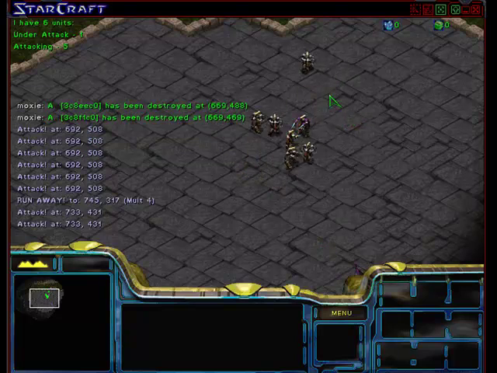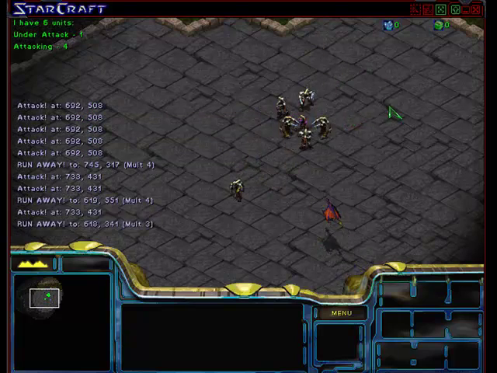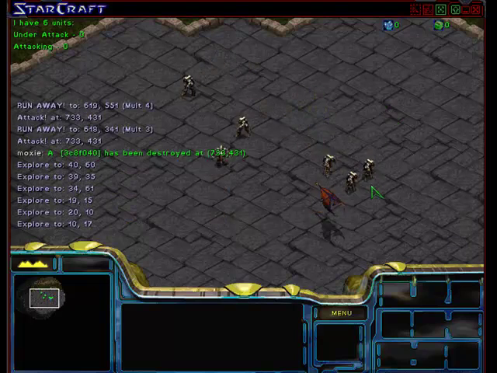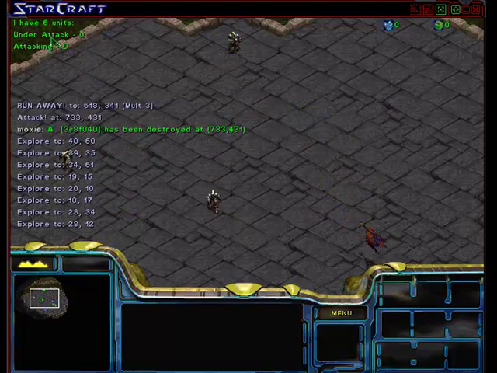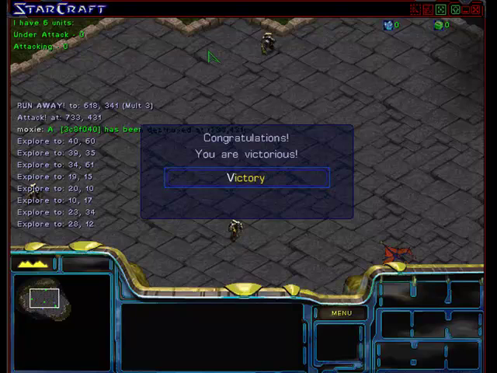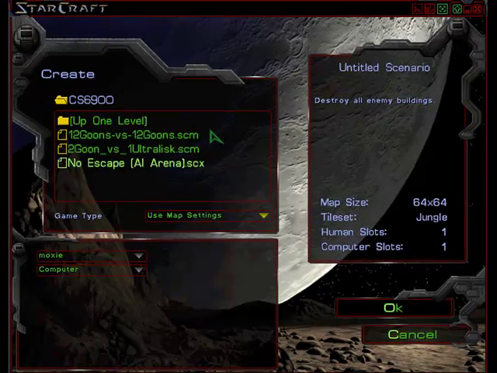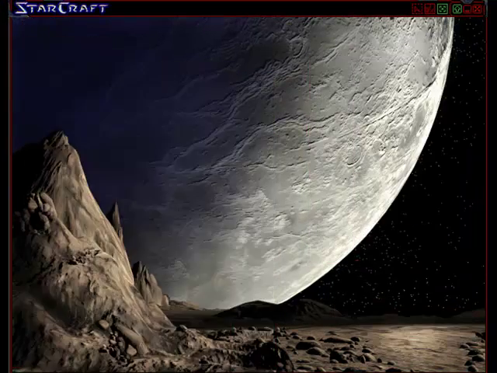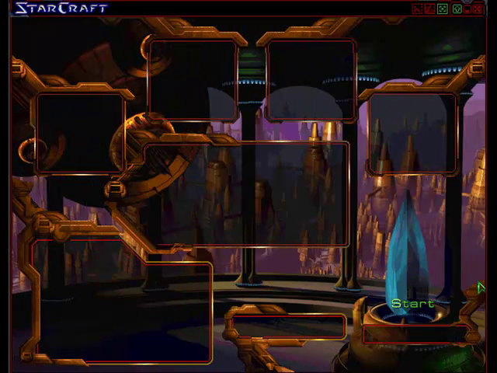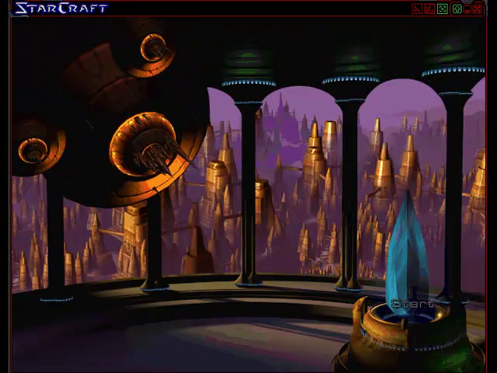Again, our AI succeeds with 6 units remaining. That was pretty exciting. Let's try that again, but this time with 12 dragoons.